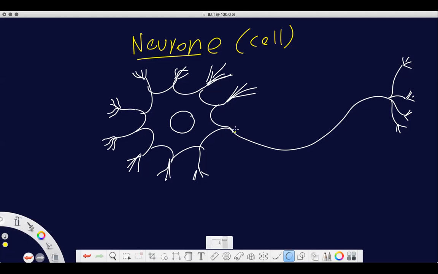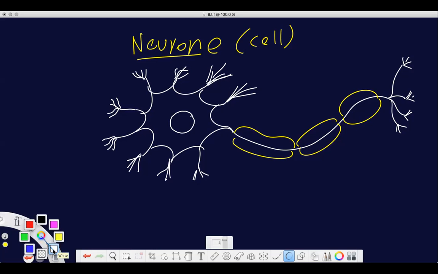Let's say this cell, we can draw like this, and another cell is coming like this, another cell is coming like this. So here we can see three cells which are wrapped around this long tail of the neuron.